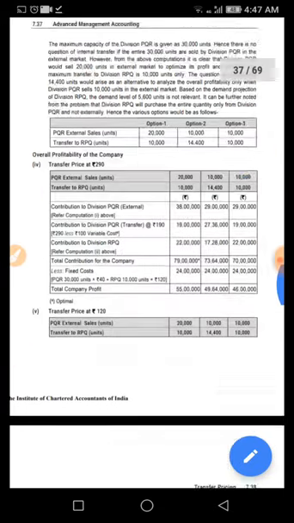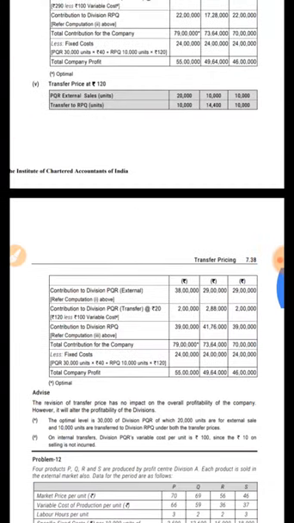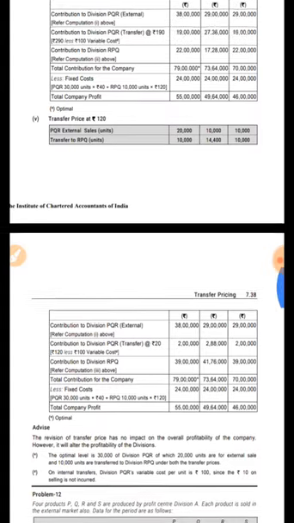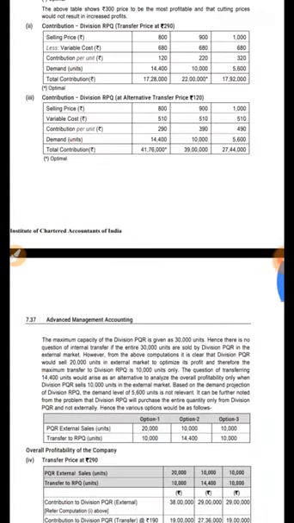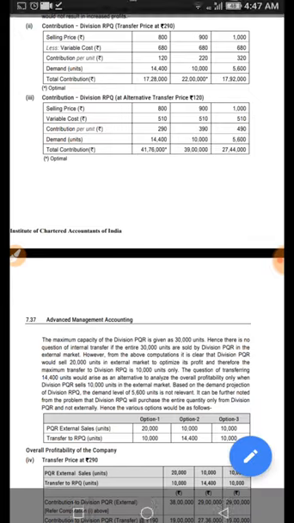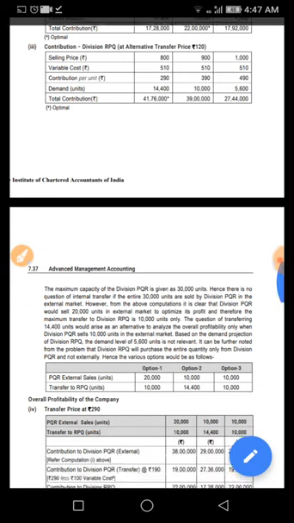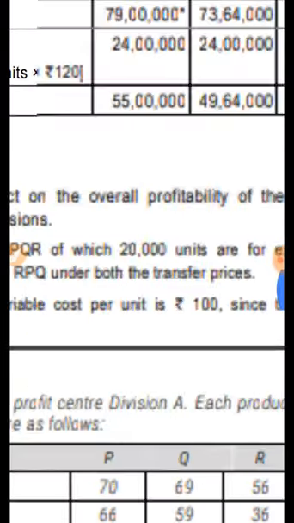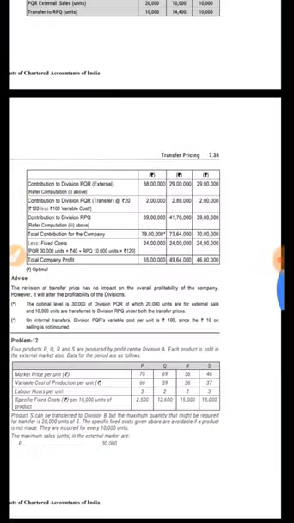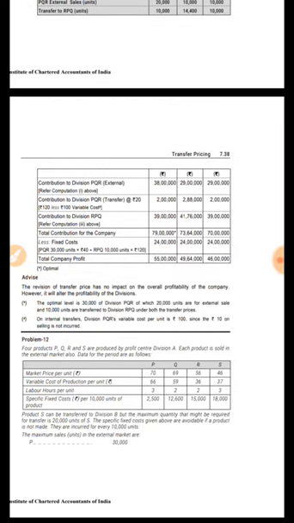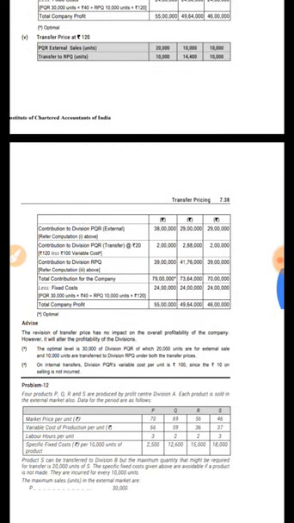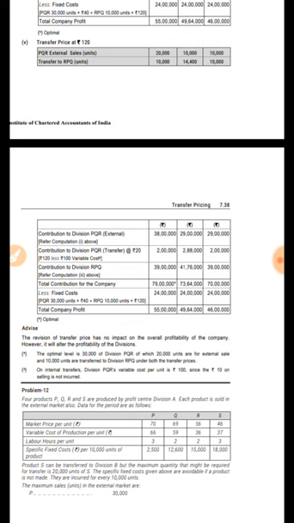Okay, if the transfer unit is 10,000, then 39 lakh. And if it is 14,400, 41 lakh 76,000. Okay, so that's how they have done. If it is 10,000, 39 lakh. If it is 14,400, 41 lakh 76,000. 10,000, 39 lakh.